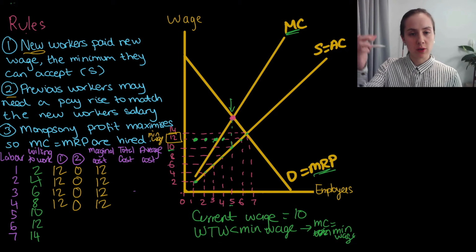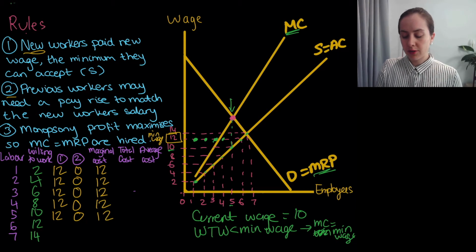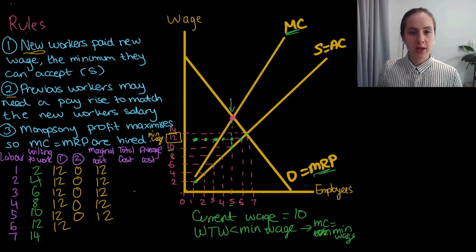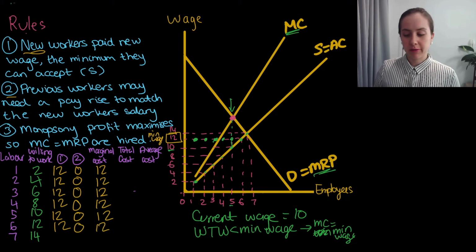So now they have to work at 12. And the marginal cost of hiring the 5th worker is now this green dot. And the 6th worker was willing to work at 12, so the cost of hiring them is 12. No pay rises are required, everybody's still working at 12. And so the marginal cost is 12.